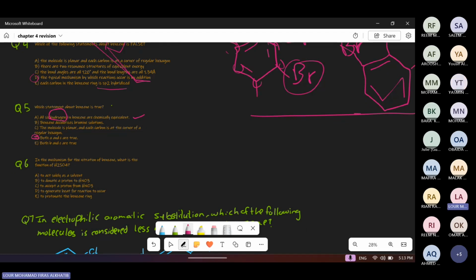They'll also try to trick you and change, for example, carbon to hydrogen, and a lot of people might say no, it's not hydrogen, the carbons are equivalent. You might just skip this and go with the safer option, C, that you know is true. But the hydrogens and the carbons are all chemically equivalent.